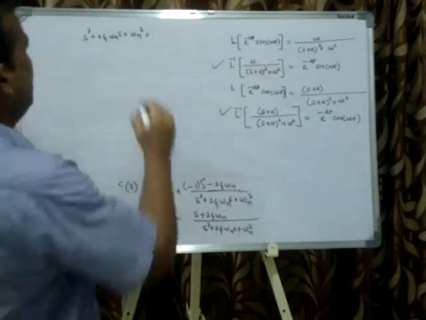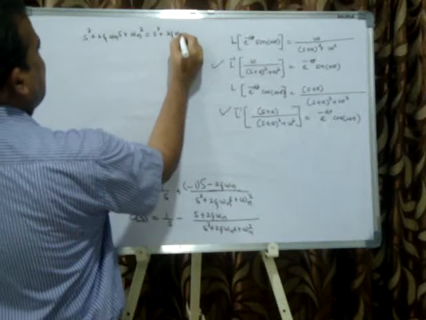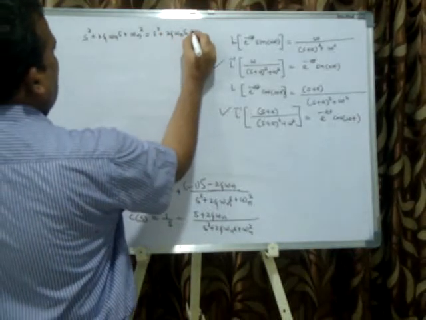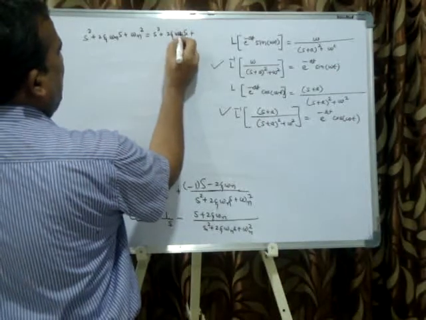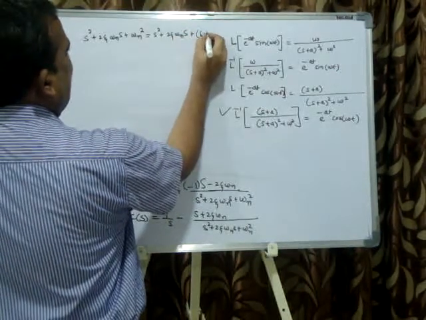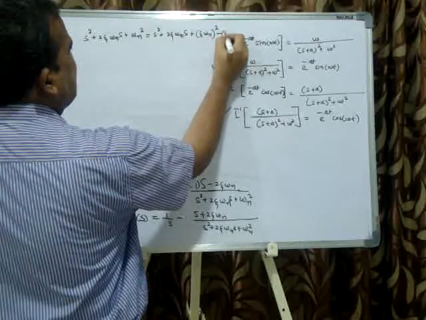S square plus 2 zeta omega n s plus, I will take half of the s coefficient. If I divide it by 2, then zeta omega n. Half of the s coefficient square, adding as well as subtracting.